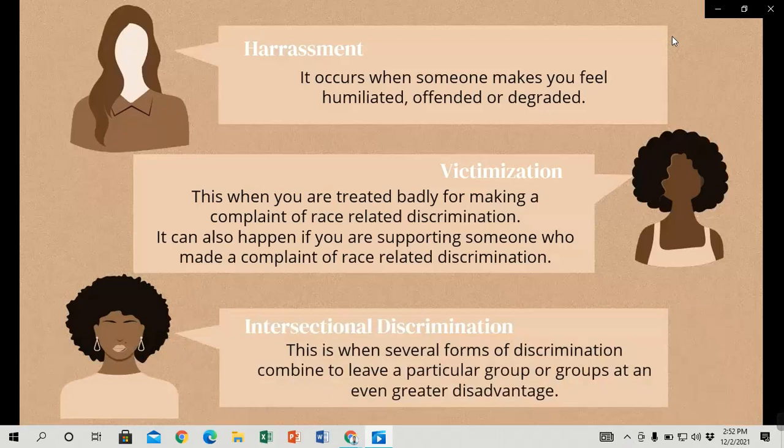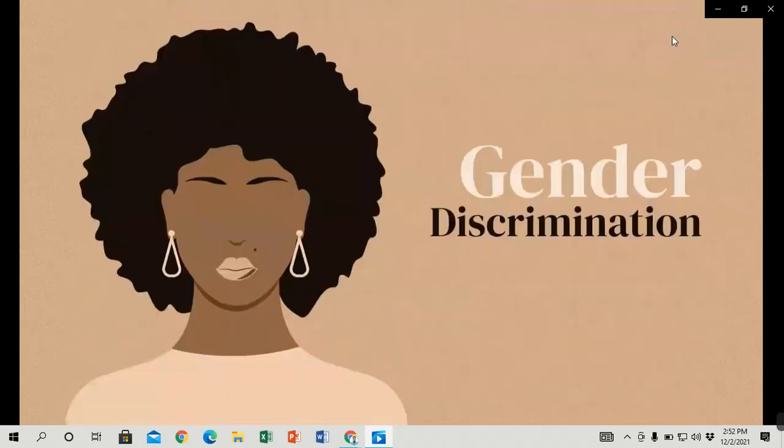So that is an example of intersectional discrimination. So there is a particular group or groups wherein the minority are experiencing a great disadvantage. So that is on the different types of discrimination.